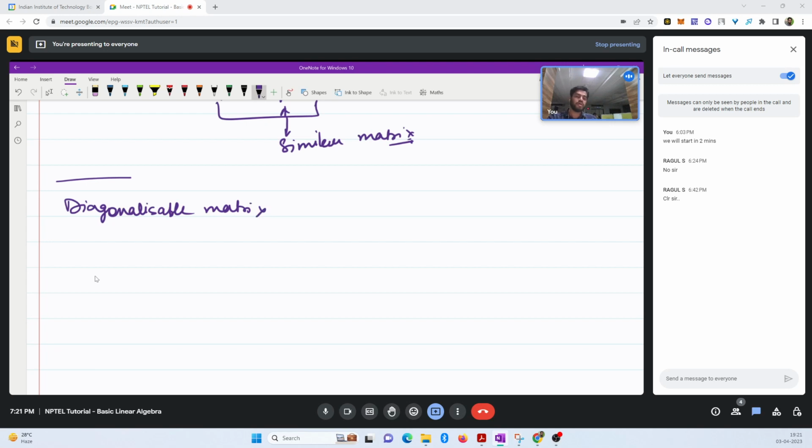So if your matrix A is diagonalizable, then it is similar to a diagonal matrix D.